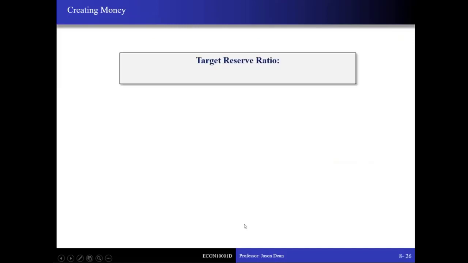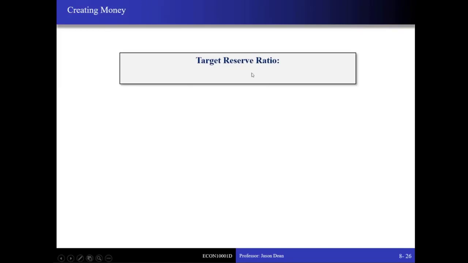There's this thing called the target reserve ratio. It used to be a required reserve ratio. So before, the government had a requirement that banks had to keep on reserve a certain percentage of their deposits, but not anymore. And so we just call it the target reserve ratio, or some textbooks will call this the desired reserve ratio, because the banks are free to choose what the reserve ratio is.